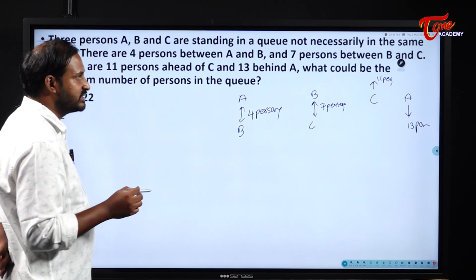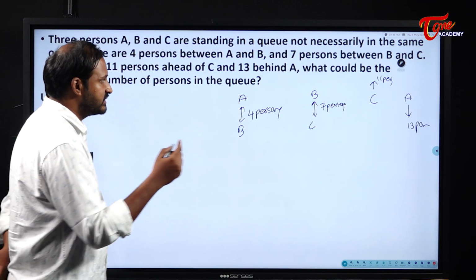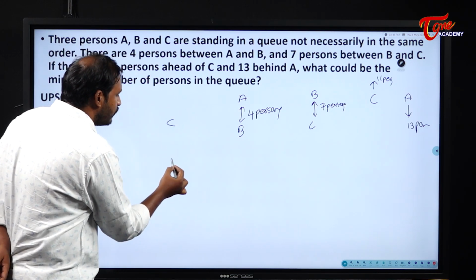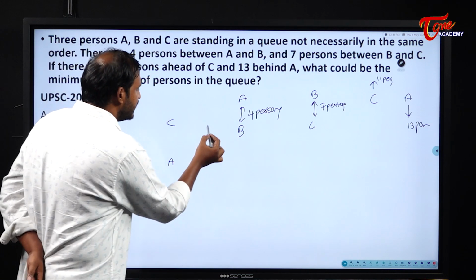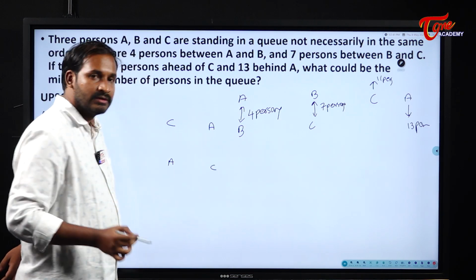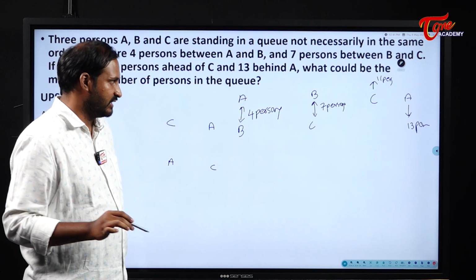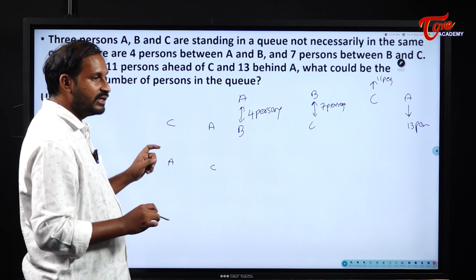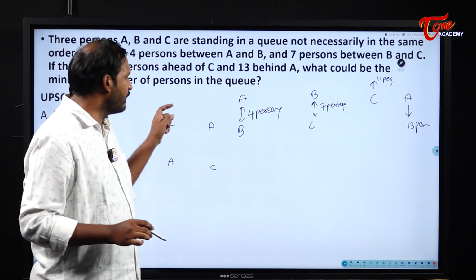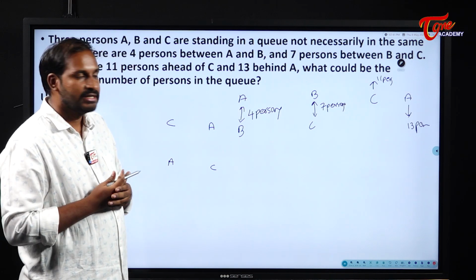Now please see here students, there are 2 chances. One is C is above A and the other one is A is above C. Let us assume 2 chances are there for us. If I assume that C is above A, above C how many persons are there? 11 persons.